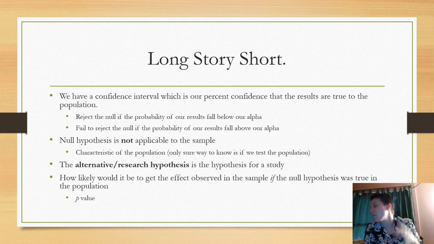So that's why we have this alpha set at 5% or 1% or whatever. If our p-value falls below that, that's saying there is a 2% chance that this would happen if the null hypothesis were true. If these populations that we're measuring by these samples were indeed equal.